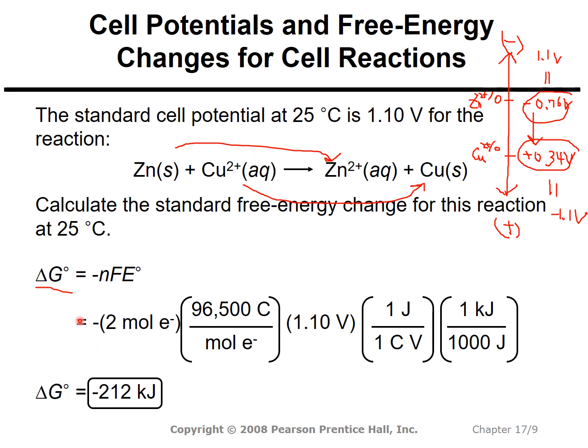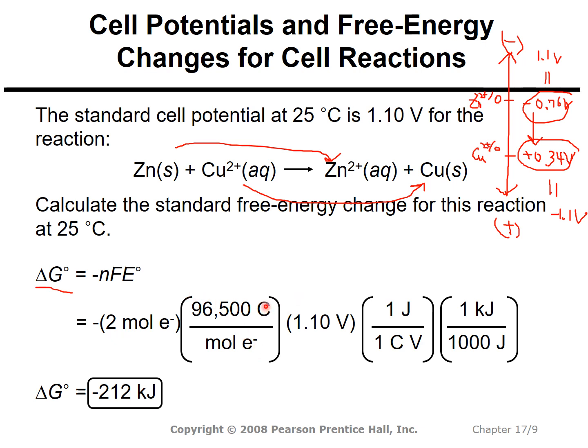So minus 2 mole electron with Faraday constant 96500 coulomb per mole electron. Please memorize the value of the Faraday constant, but more importantly, please memorize the unit of the Faraday constant, which is coulomb per mole electron.